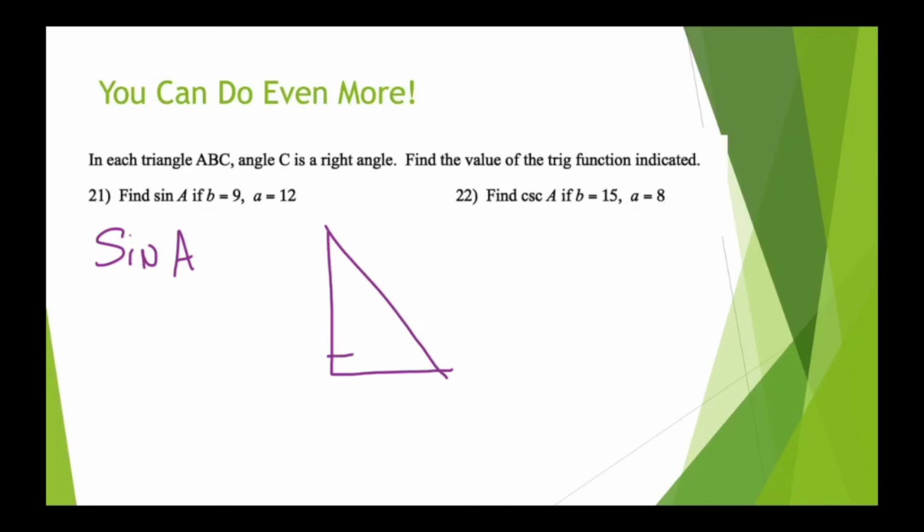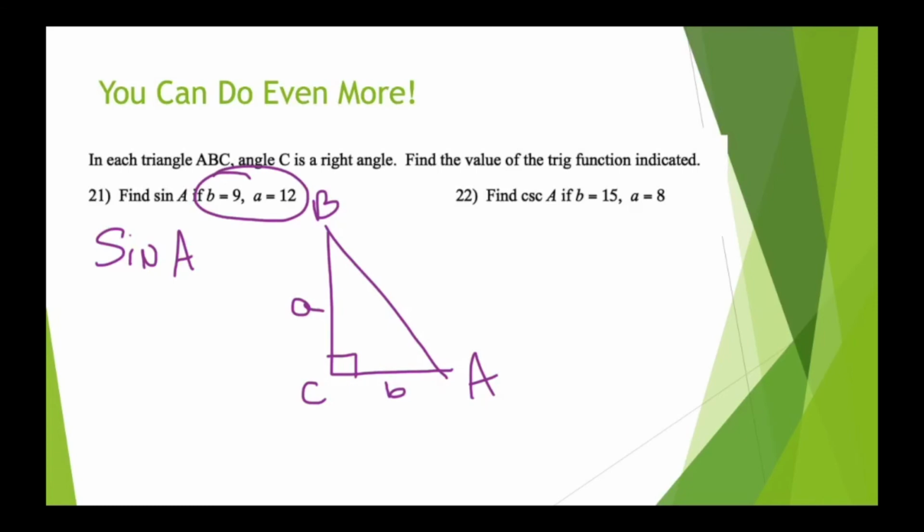If I put C there, which it tells us is the right angle, we can put A and B anywhere we want. But lowercase a is here, and lowercase b is here, because they're opposite their angle parts.